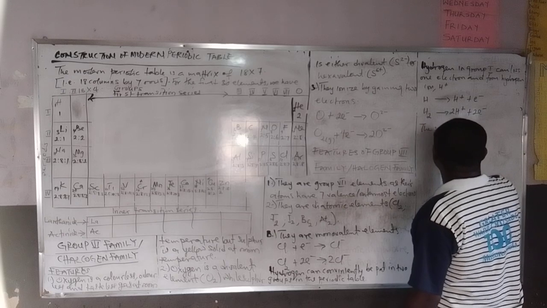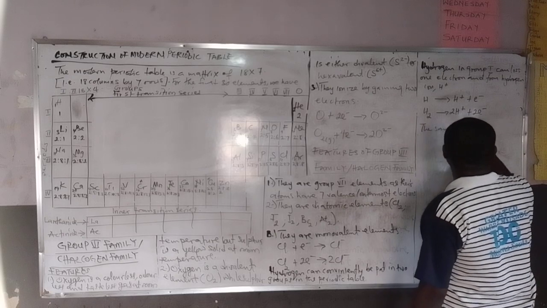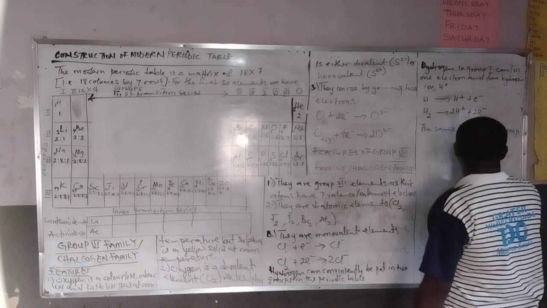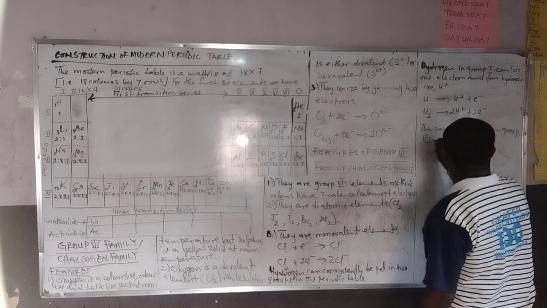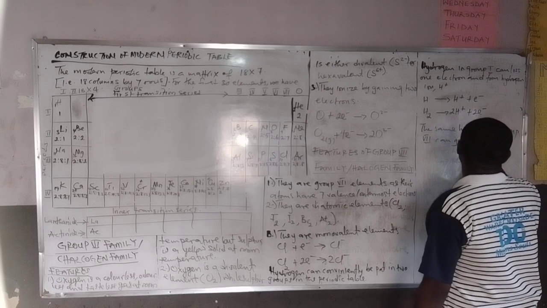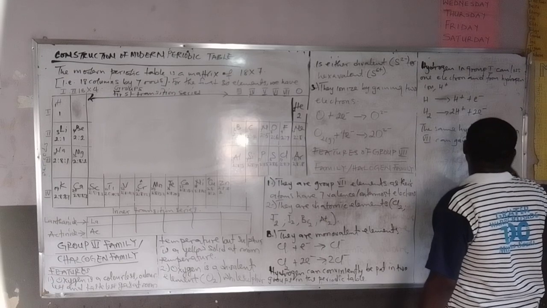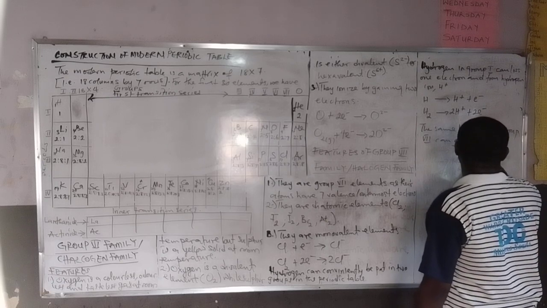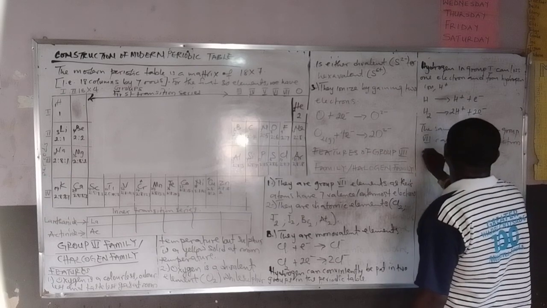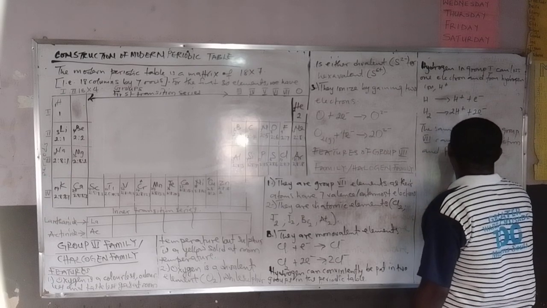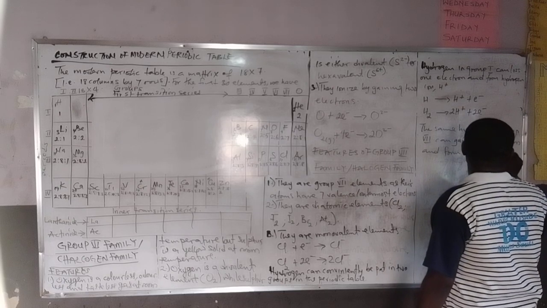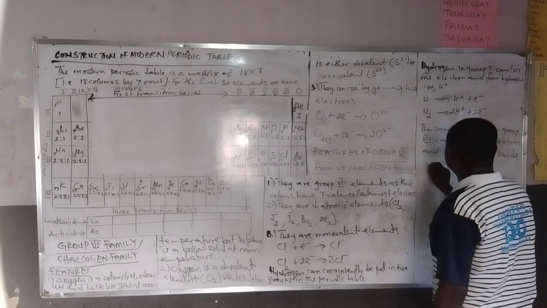The same hydrogen in group 7 can gain one electron and form the hydride or halide ion.